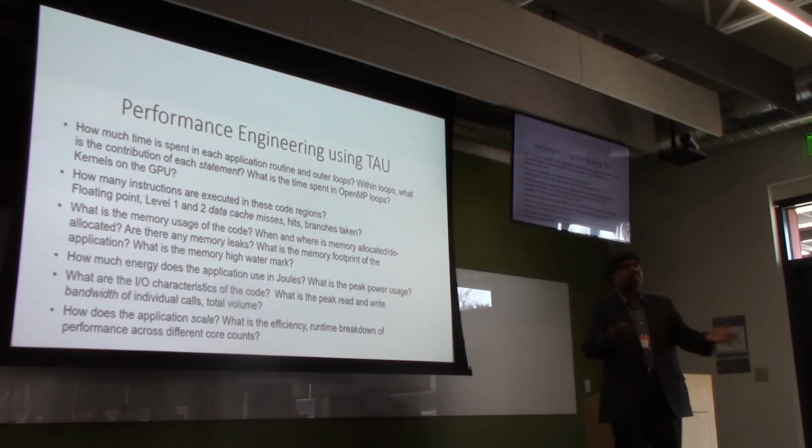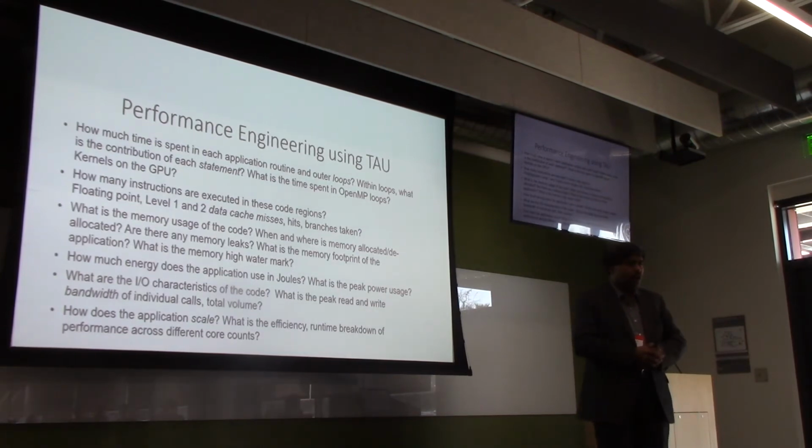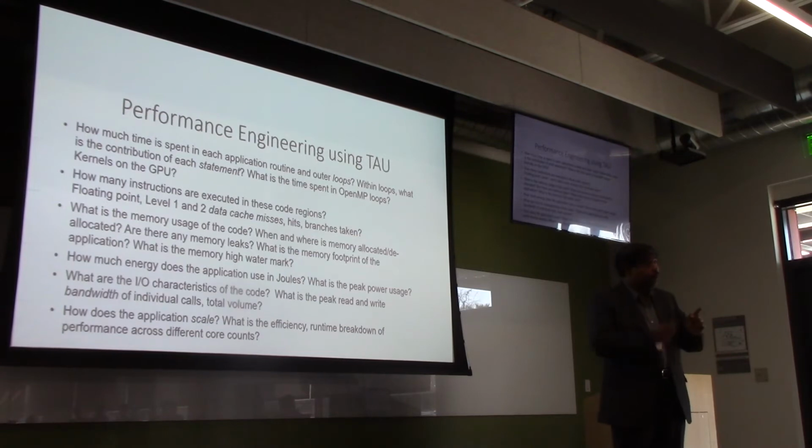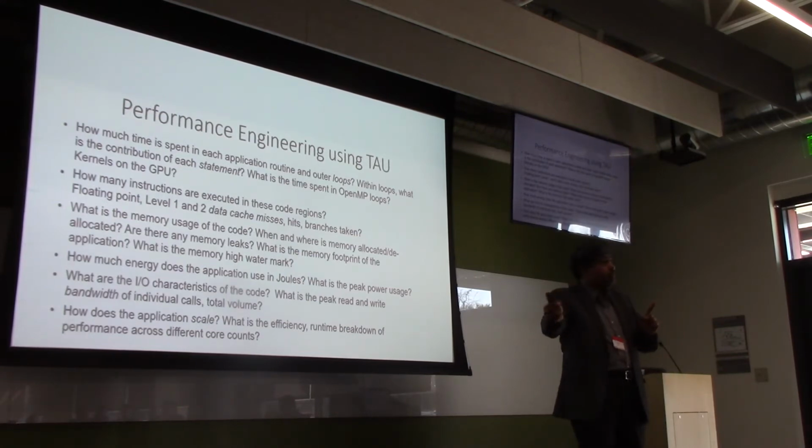It takes 65% of my code execution time. Now, how many cycles was the CPU idle in this loop? How many floating point instructions did I execute before I had to go off and fetch data from the level 1 data cache? Was it 2,000 floating point instructions? Was it 64 floating point instructions? Was it 2?